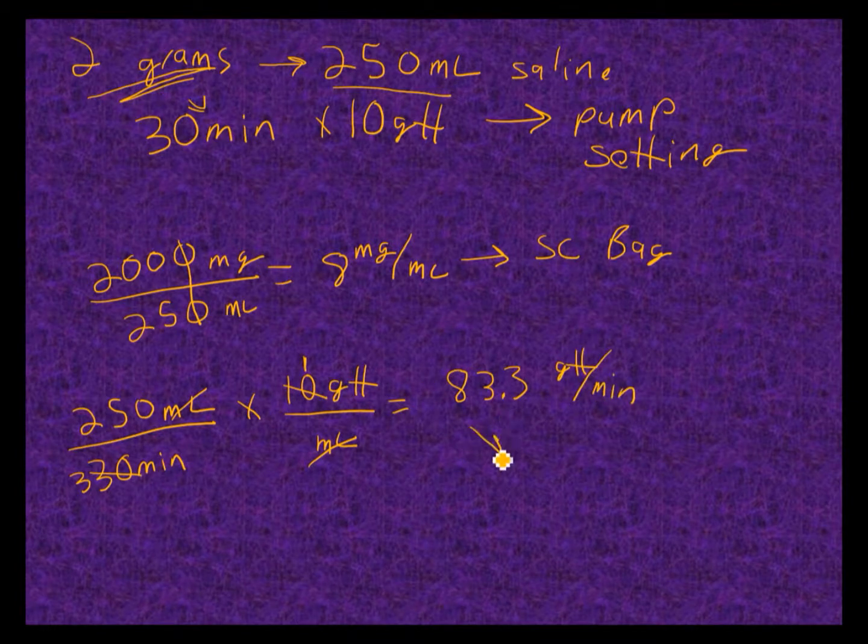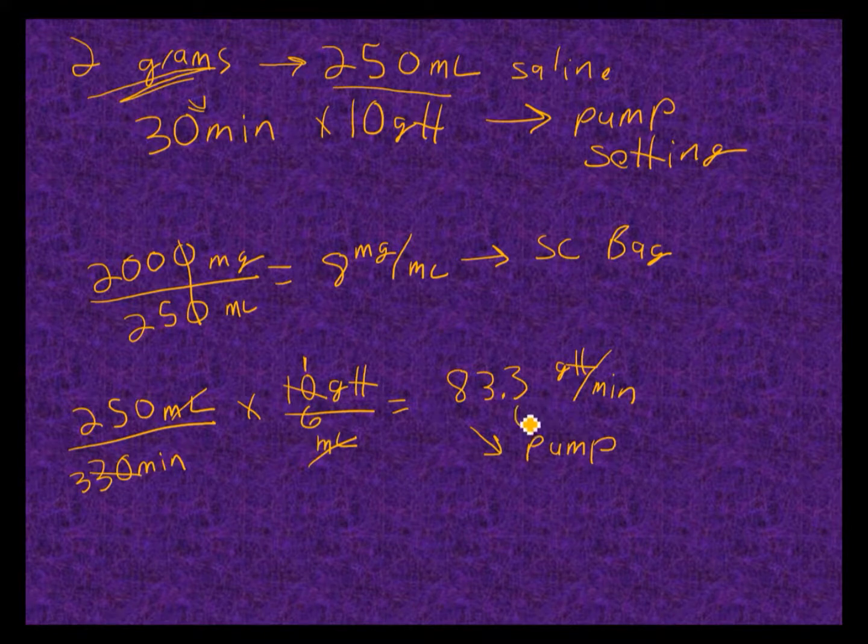But then we've made it to the hospital and they want to put that on a pump and say they want to know what the setting is. Well, if you remember, we told you that this has to use a 60-drop set to be equal to a pump setting. Well, we used a 10, but if you remember from the last video, all we have to do is say that 10 times 6 would get you to 60.